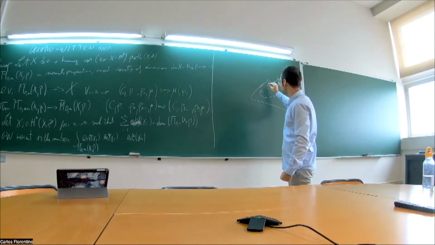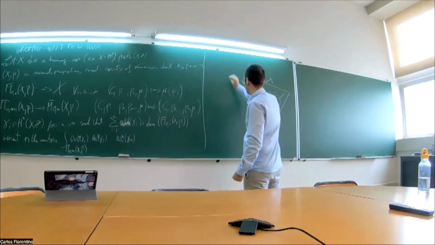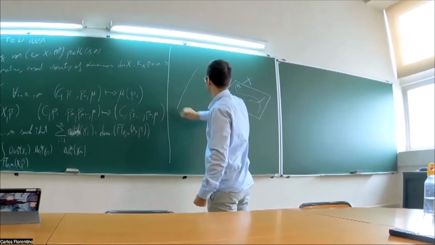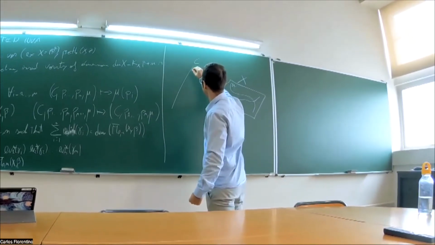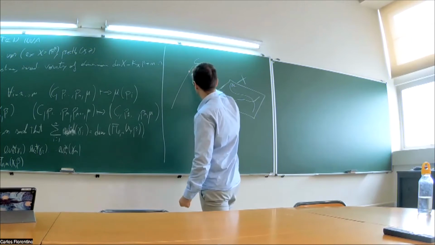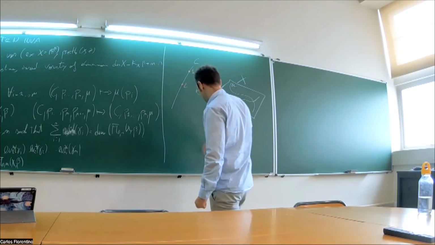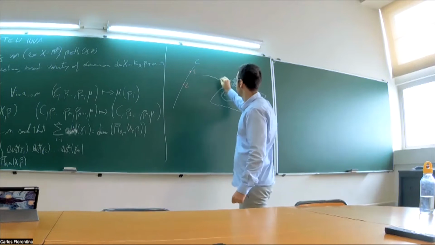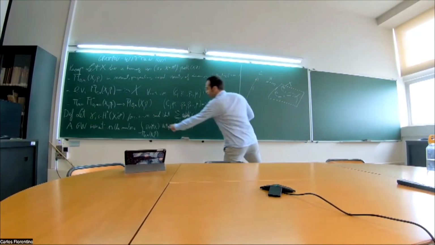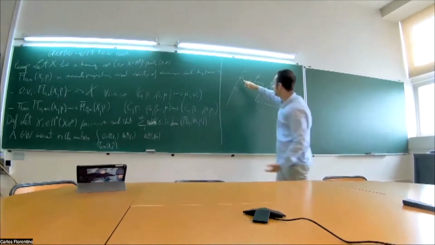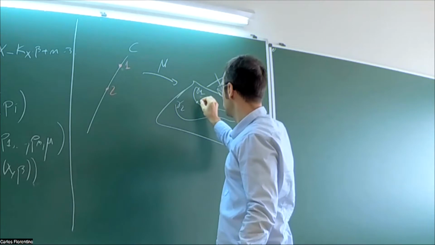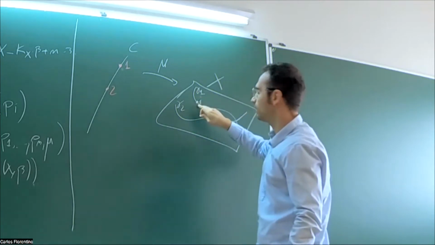So imagine we have a map. This is C. This is 1. This is 2. So the image of C in this intersection means that the first marked point is over gamma 1.